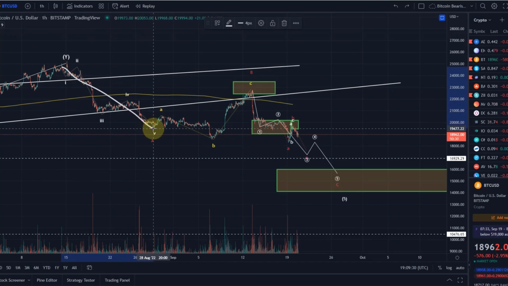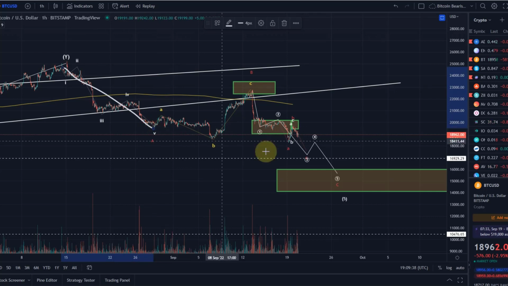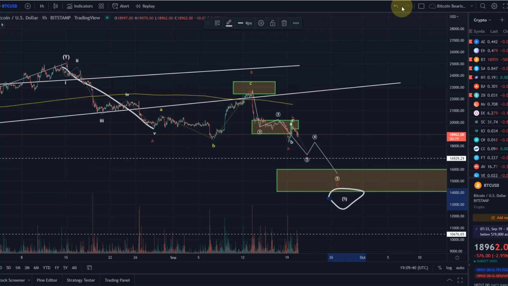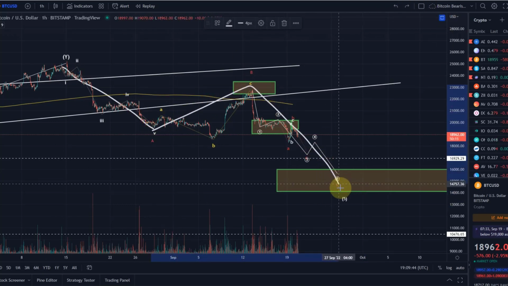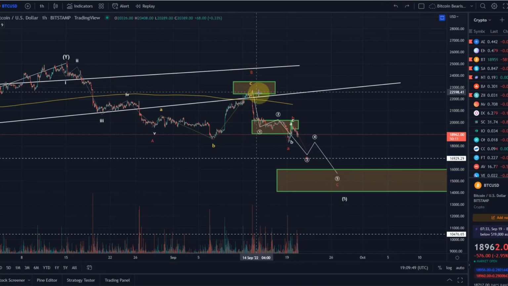Here the wave A, 3 waves. Well, no, it's a 5. The wave A itself is a 5-wave move, but the wave 5 in itself consists of 3 waves, which is here the wave A, the wave B, and the wave C down.